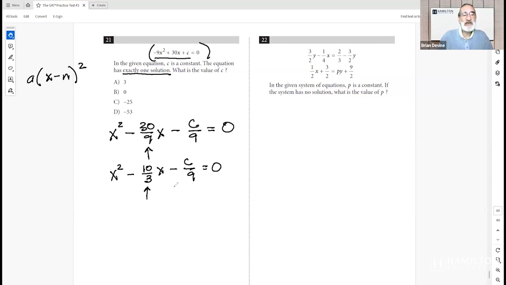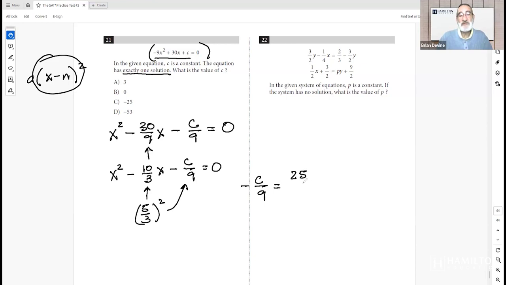So if I take half of this and square it, i.e. 5/3, and square it, that's got to be the thing on the end in order for me to have a binomial square, i.e. only one solution. So negative c over 9 should equal then 5/3 squared, 25 over 9. Or negative c should be 25. So c must be negative 25, and C is the answer.